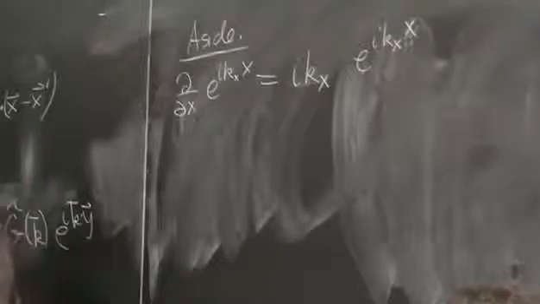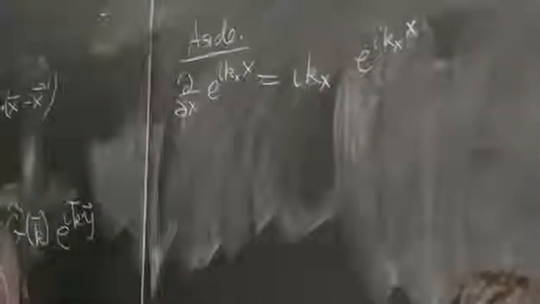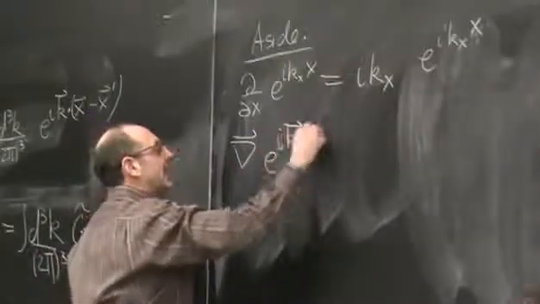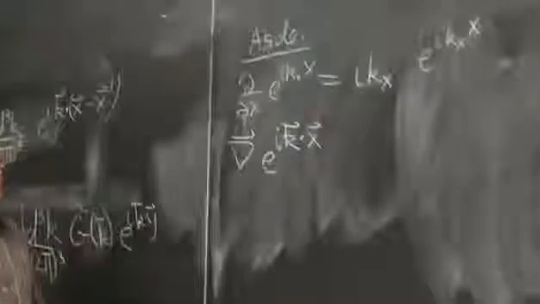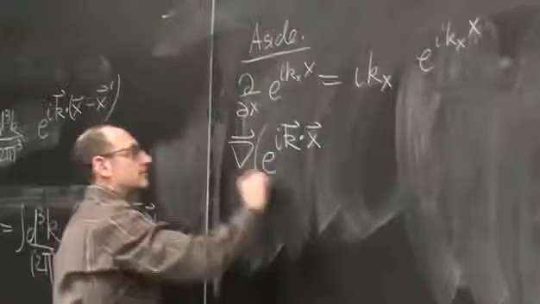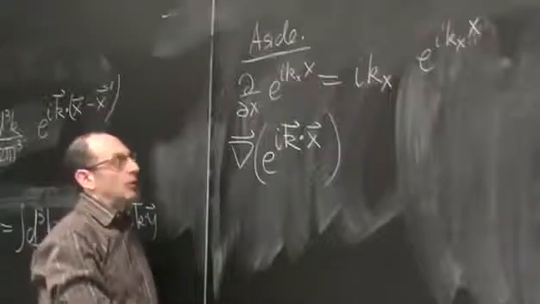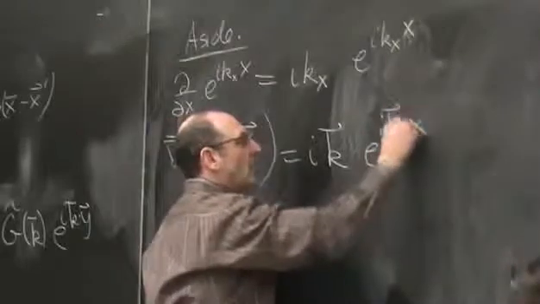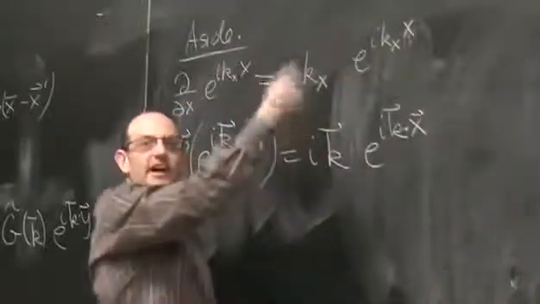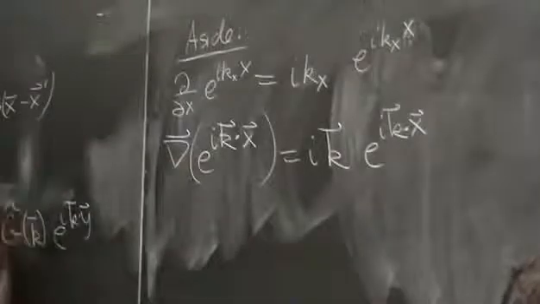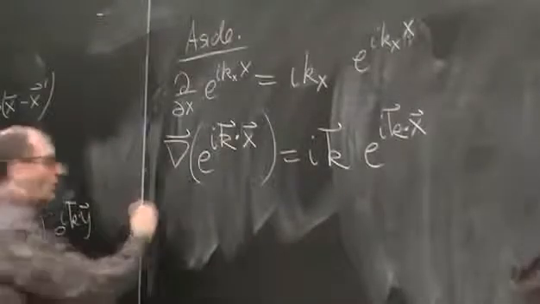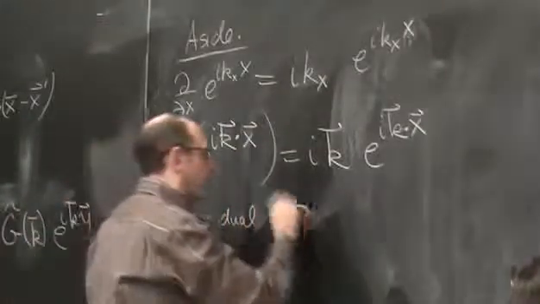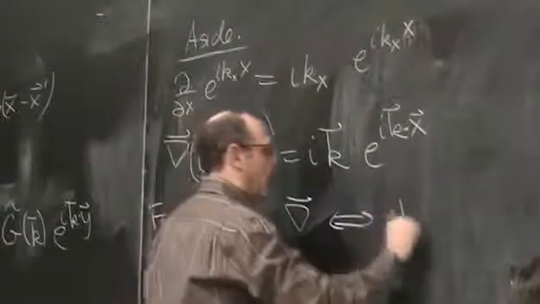That's easy enough. So what is the gradient of e to the i k dot x? It's i times the k vector, because each component will bring down i k, and we have the vector. So whenever we see the gradient, we can replace it by i k.